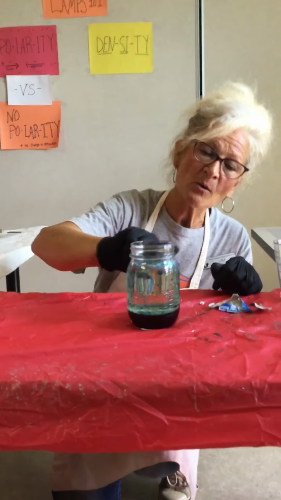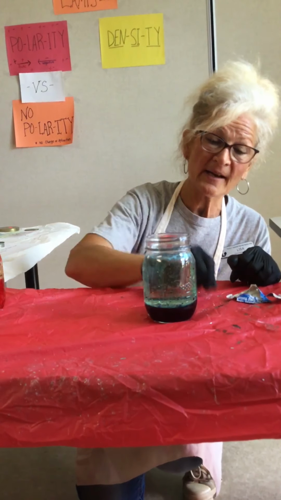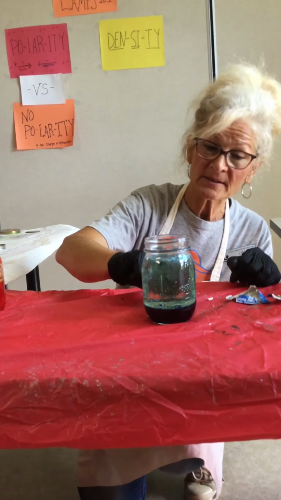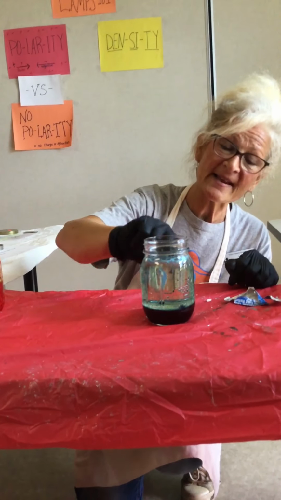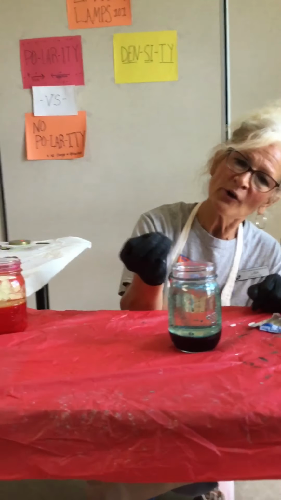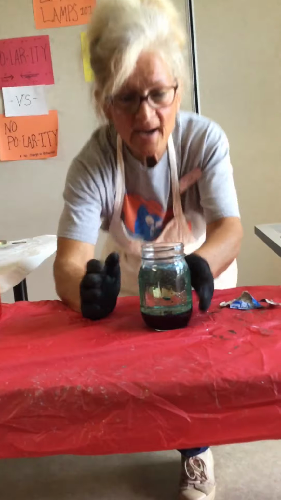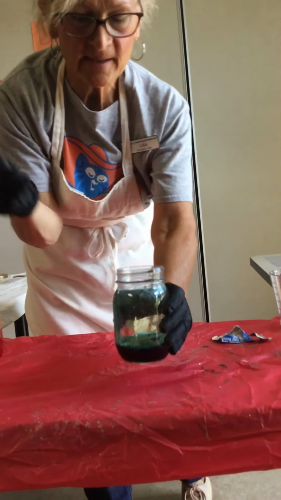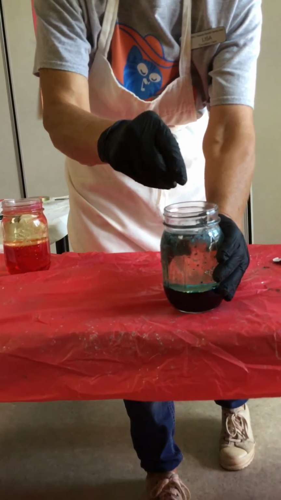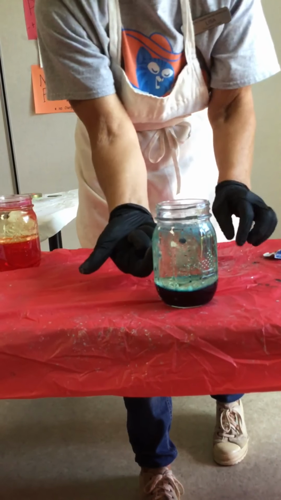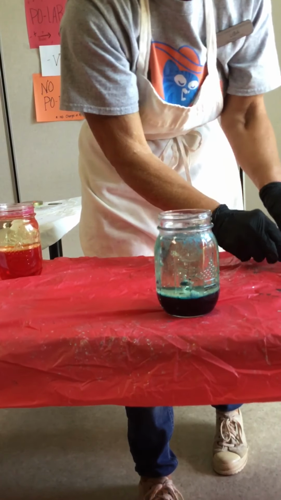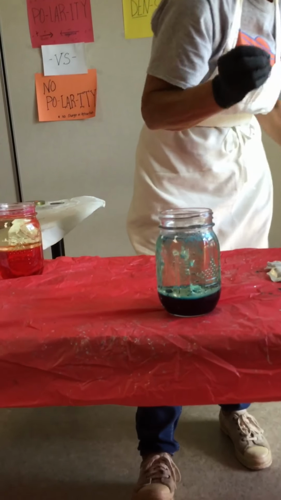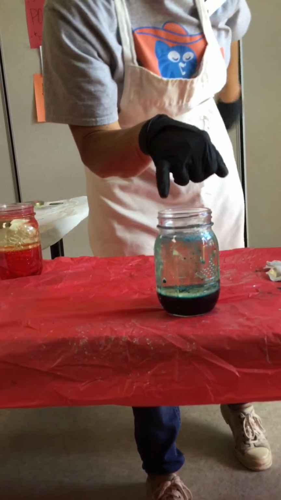When the Alka-Seltzer and the water react and make the carbon dioxide bubbles, they rise, that gas rises with a little water droplet. When it gets to the top, I'm going to try to get the camera on it. And even when you do yours, you're going to see that the bubbles are rising up. And when they rise up, they're going to pop. And you can see them popping.